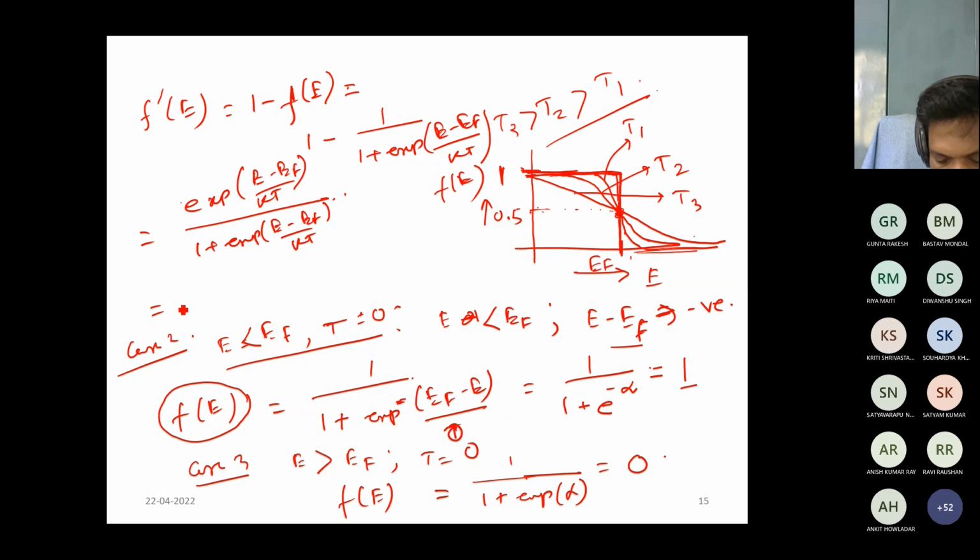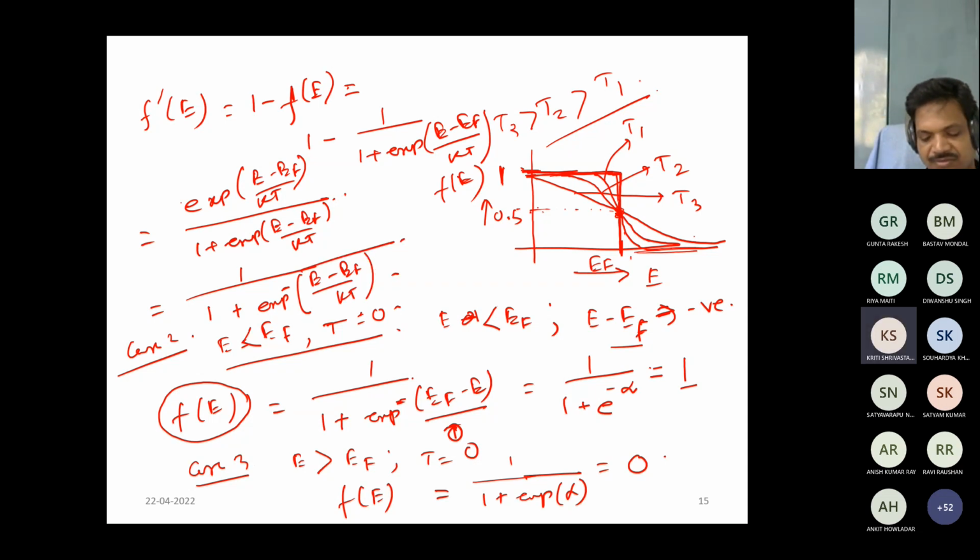Now if we divide both numerator and denominator by this exponential factor, we get simply 1 divided by 1 plus exponential of minus (E minus EF) by KT. Can I write it? Yes, sir.